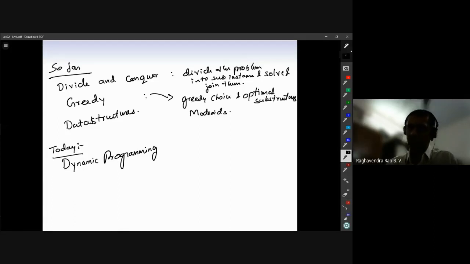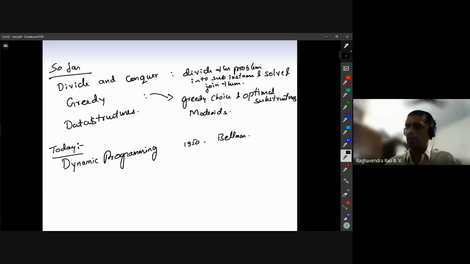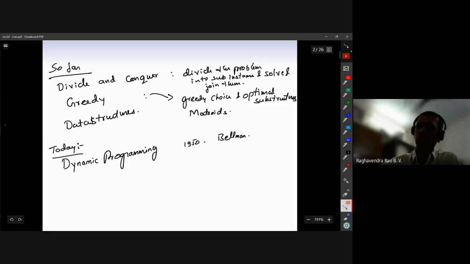The dynamic programming idea existed for centuries, but there was no formalization. The formalization happened only in the 1950s. This is due to, I think, Bellman, who worked for the US military, and he coined this term to avoid scrutiny from the military.